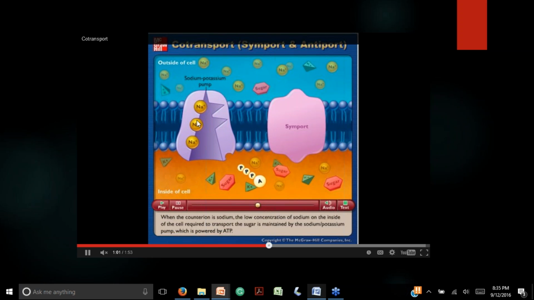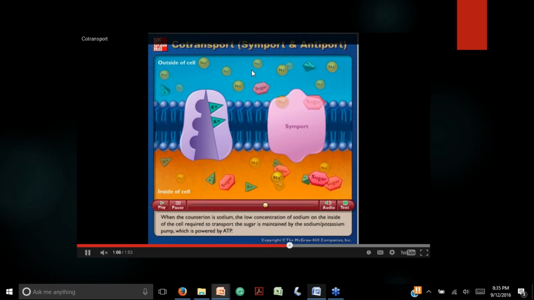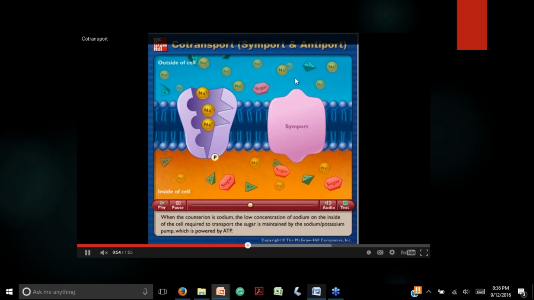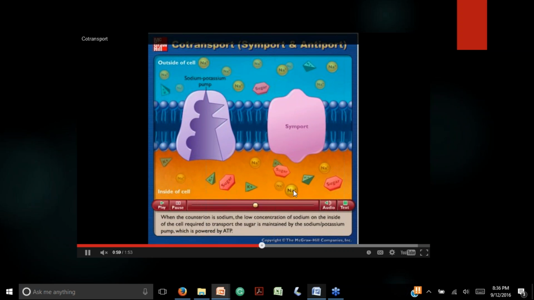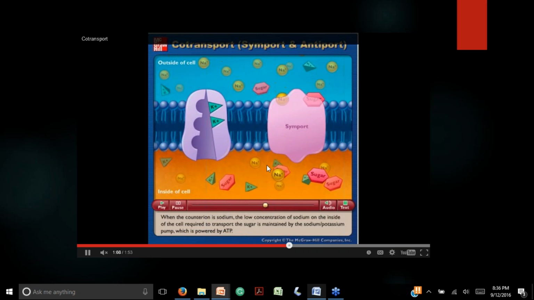This is going to pump sodium from the intracellular to the extracellular, making the sodium be in higher concentration in the extracellular. So that is going to make the sodium come back into the intracellular, but at the same time they are going to be attached to glucose, coming together. So that is the co-transport or symport.